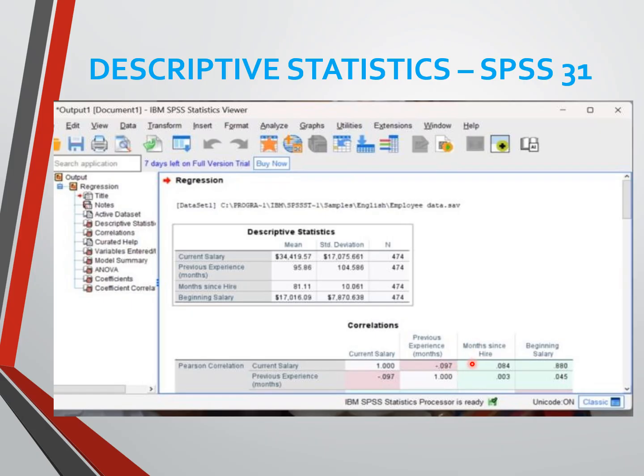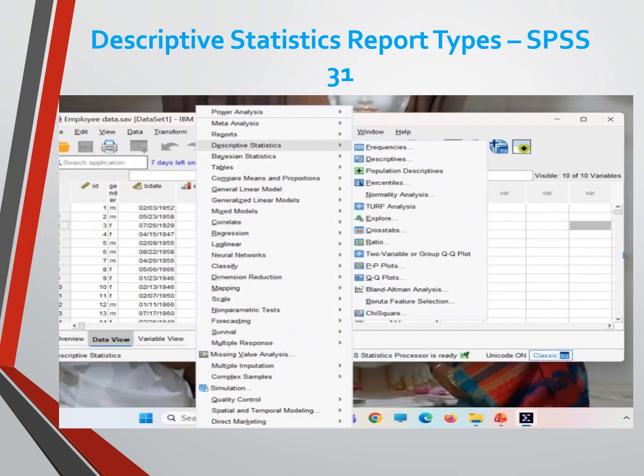Current sending and month seems higher have a positive correlation of 0.084, and with respect to beginning sending it is 0.880. This is the way reports have been generated, which you can convert into a PDF copy.